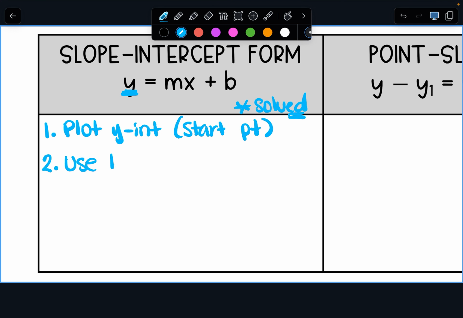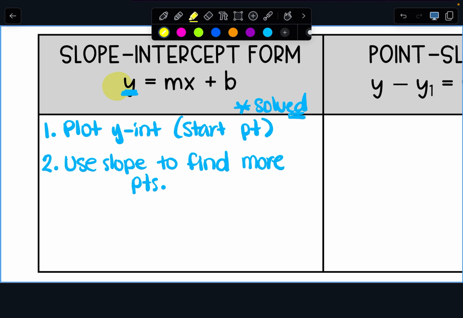Use slope to find more points. What variable do we use for slope? In y equals mx plus b, in that formula, which one is slope?